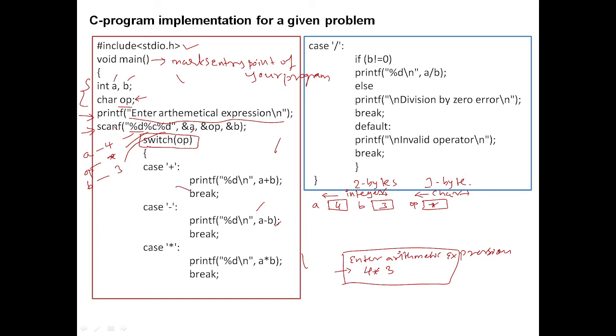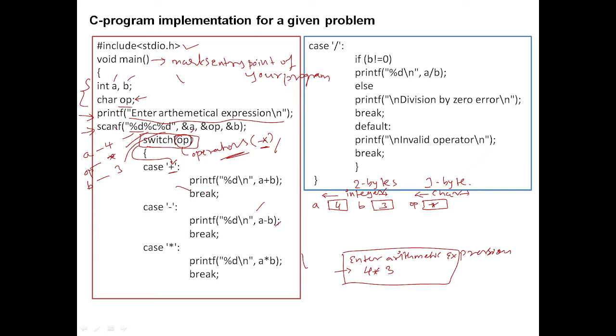In the switch statement we are passing OP. OP represents the operator, right? What is the operator right now? The multiplication operator. As soon as it is evaluated in the switch, it will first compare OP with the first case. The case value is addition, but the OP value is multiplication.